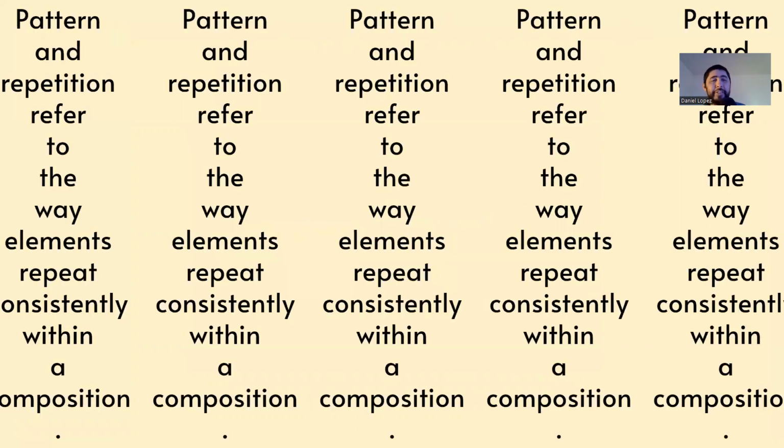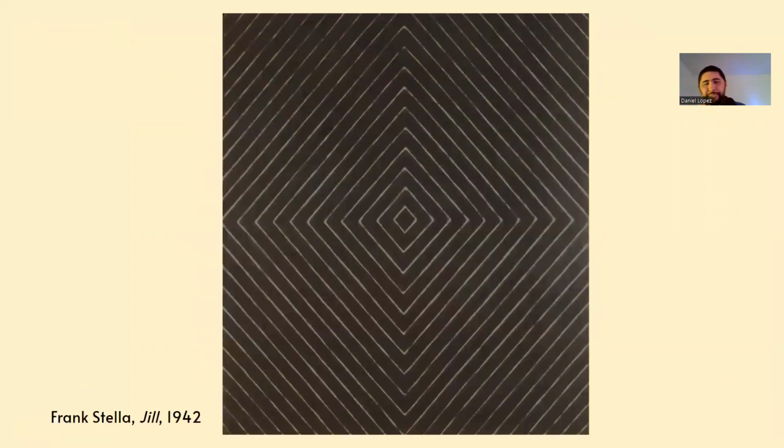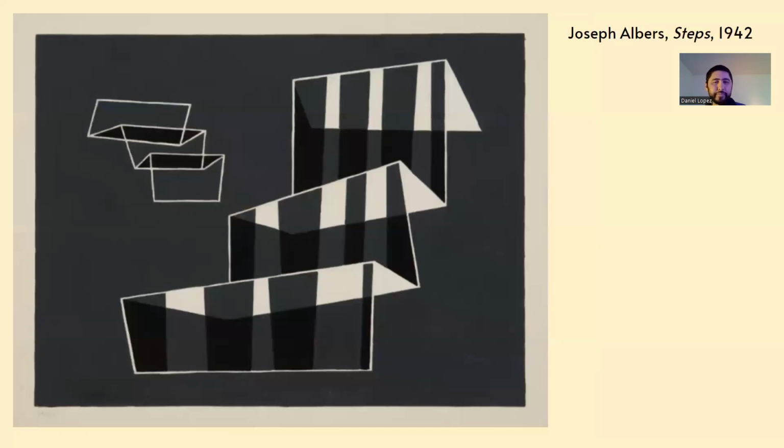Pattern and repetition. So it's where bits repeat consistently throughout a composition. Where is it here? Well, that's the whole painting, right? A lot of repetition. In this example, it creates a sort of weird movement, a weird pattern that's kind of cool and appealing and satisfying.